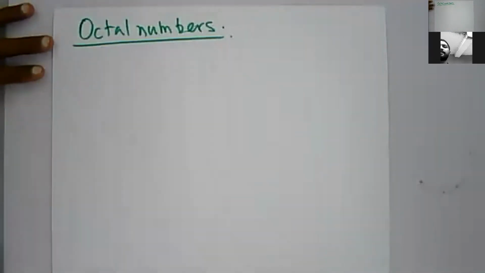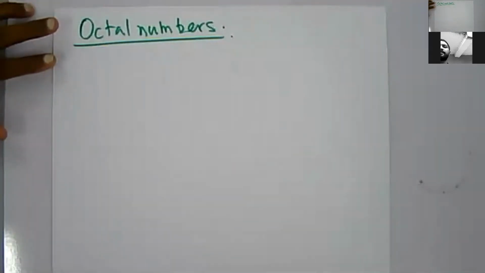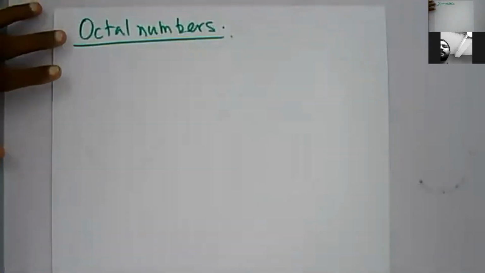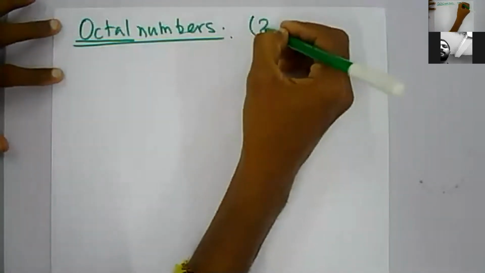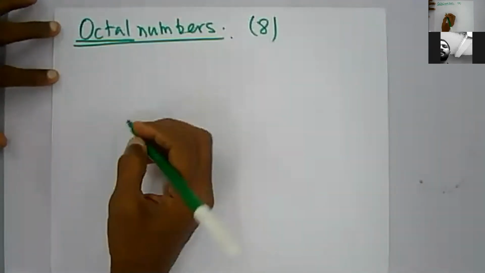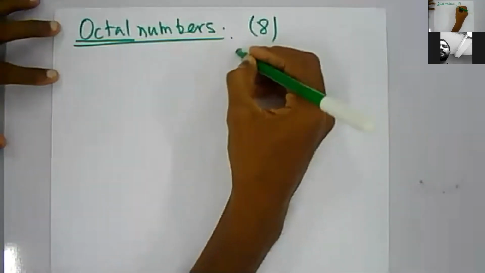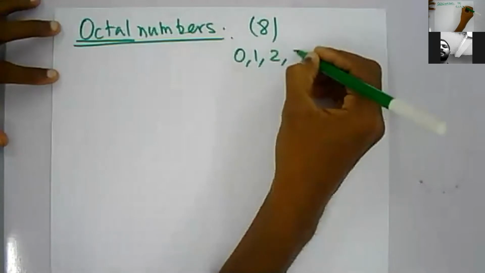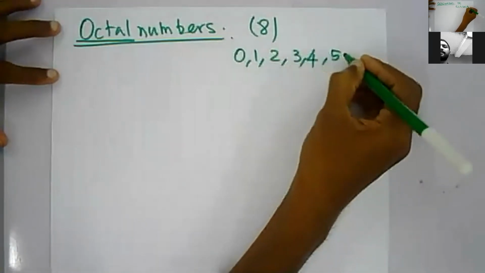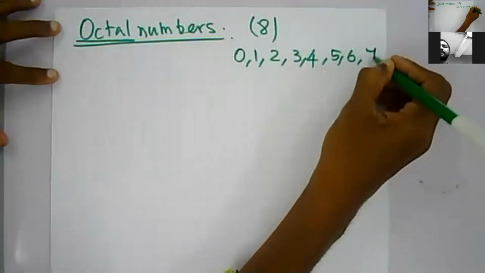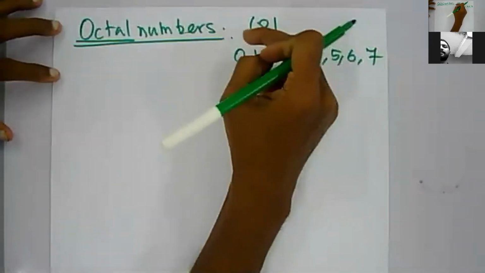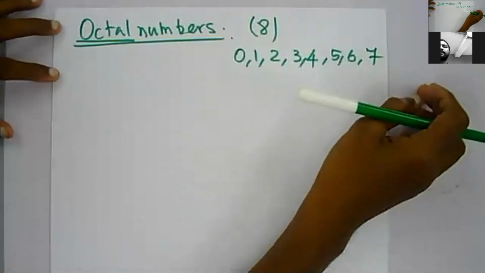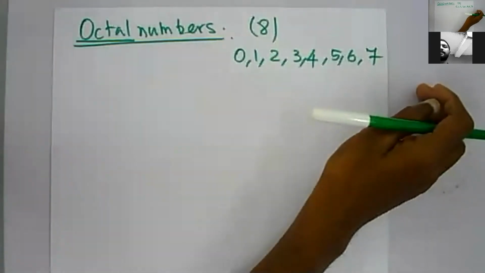Octal numbers or octal number system. As we saw earlier, for binary numbers the base is 2, and for the octal number system the base is 8. Right? So we have 8 digits which are 0, 1, 2, 3, 4, 5, 6, and 7. We don't have 8. To represent 8, we will use 1, 0. Right? 1, 0. The procedure is the same.